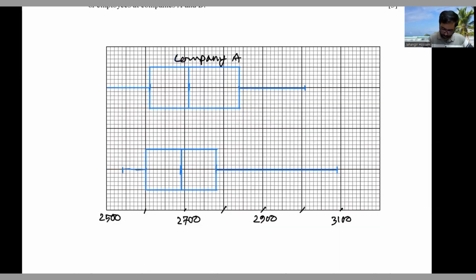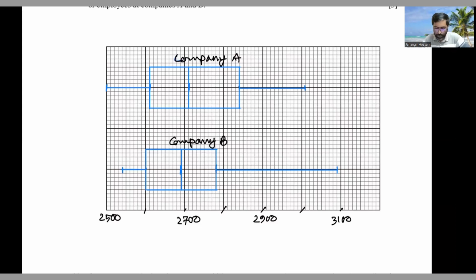So this is the box plot for company B. Okay, these are the two box plots.